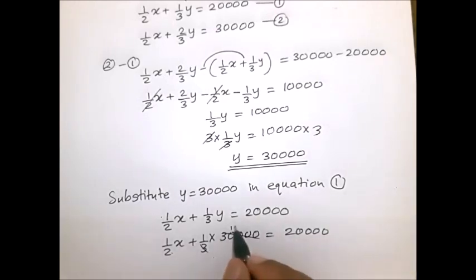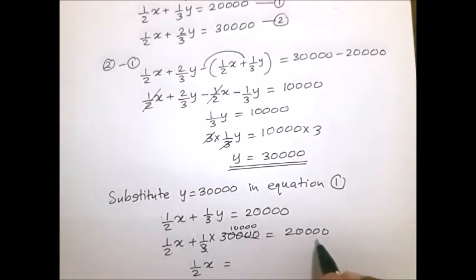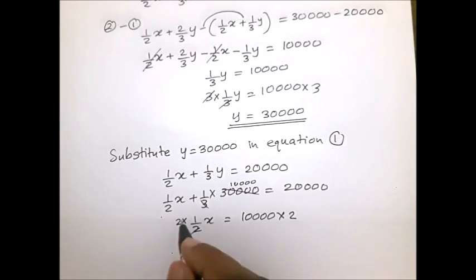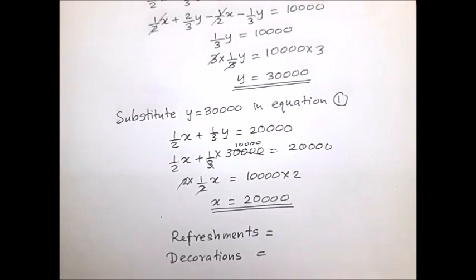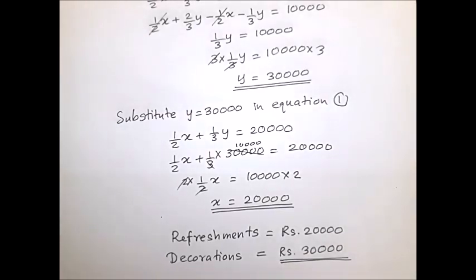Cancel these two, it is 10,000. First subtract 10,000 from right hand side, it is 10,000. To remove this 2, multiply both sides by 2. Then X equals 20,000 rupees. For refreshments, they spend 20,000 rupees. For decoration, they spend 30,000 rupees. This is the answer for second question.